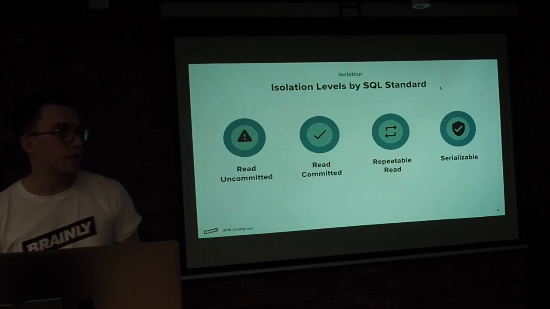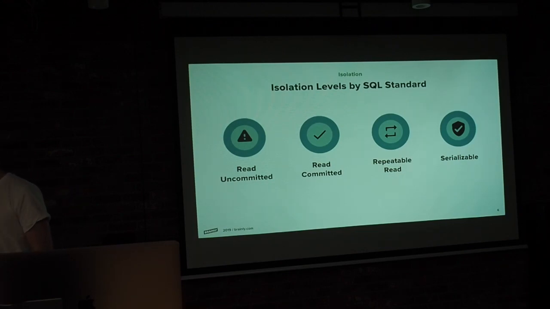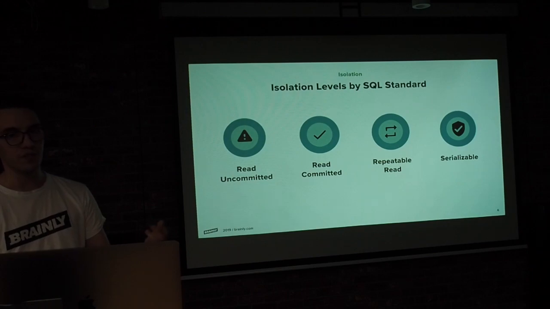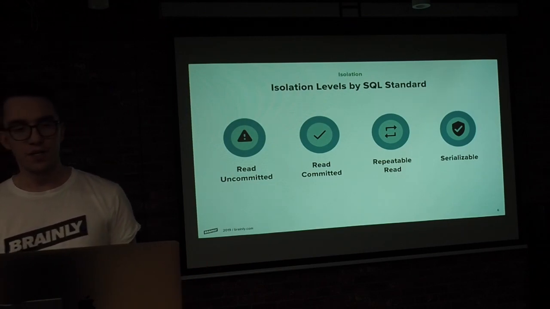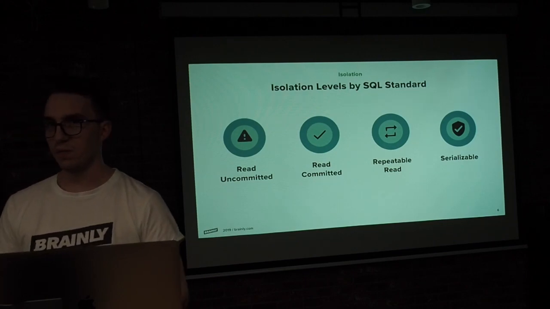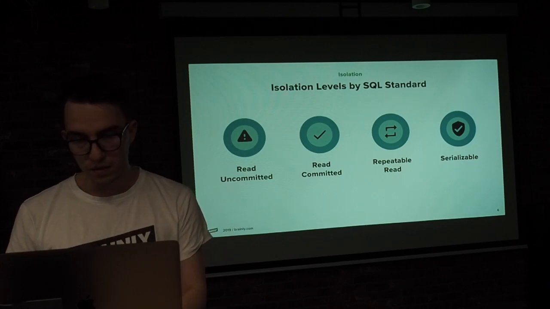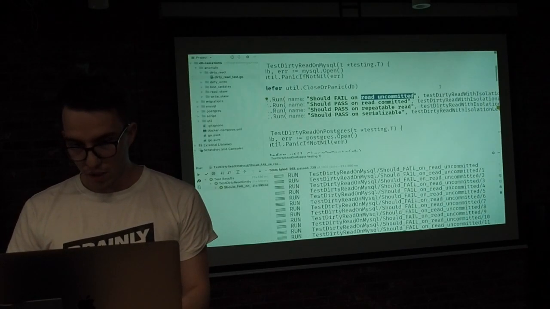And the funny thing is that on Postgres database, read uncommitted is implemented by read committed. It's an implementation detail, and they didn't manage to implement read uncommitted because it was inefficient to implement that.